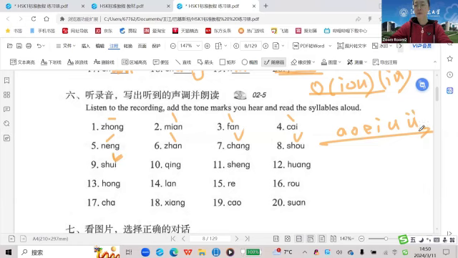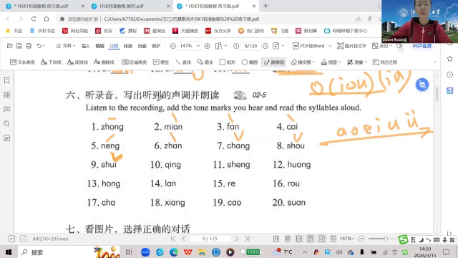Because E is before the alphabet U in this sequence, right? 水. So we should mark the tone above the alphabet E, and the dot above the alphabet I, in this case, should be omitted. 水. Okay, number 10.